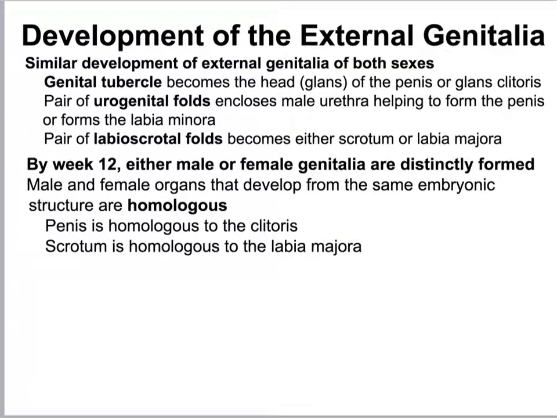Now, that determines the internal state, whether you develop testes or ovaries, and whether you develop a vas deferens or a uterus. But the external genitalia, i.e., what you see when you look naked into a mirror, all of the obvious bits, are not determined by SRY.